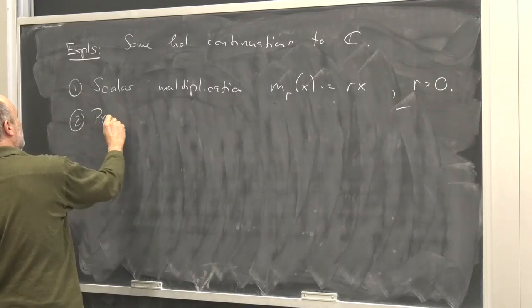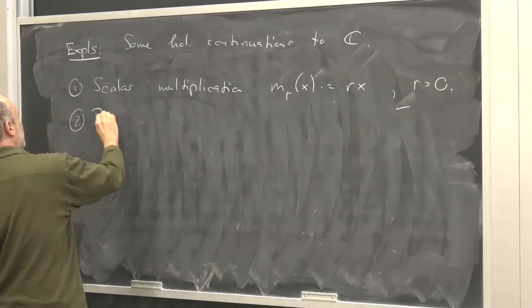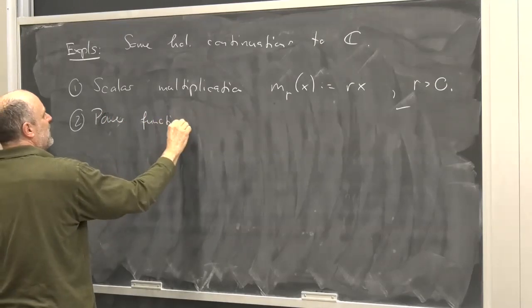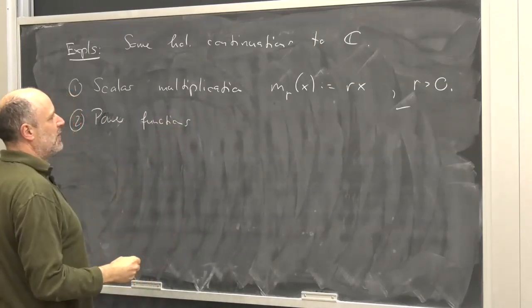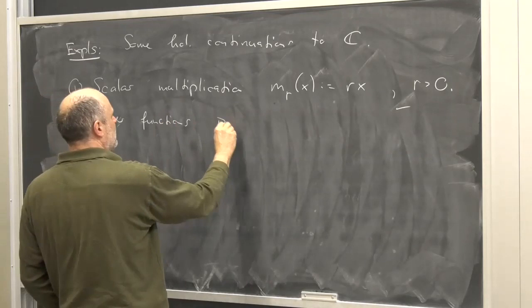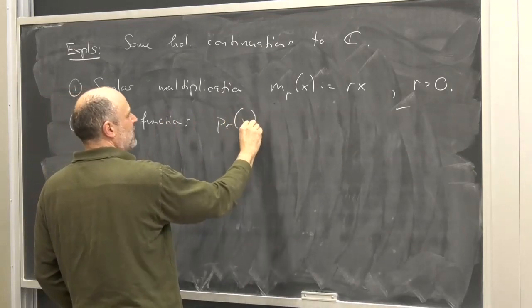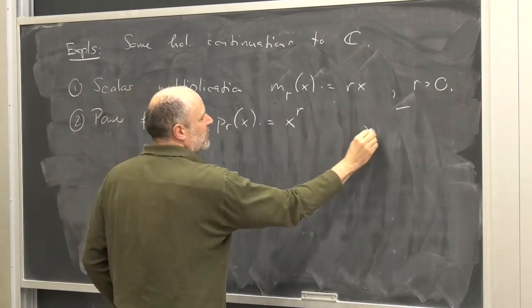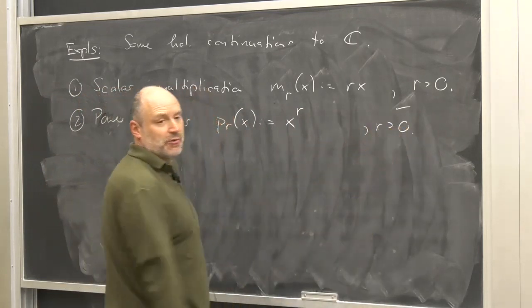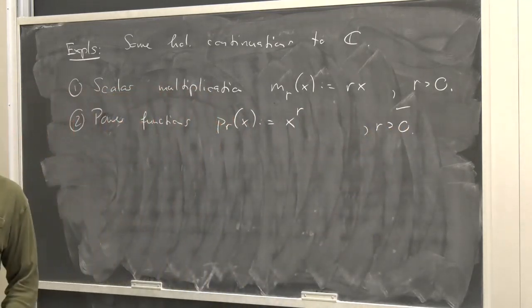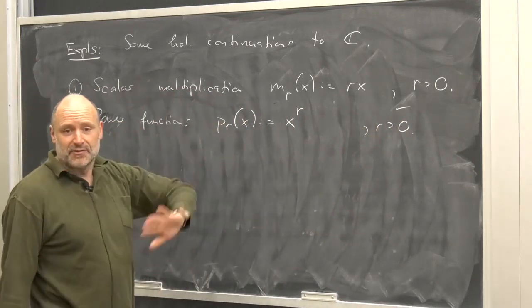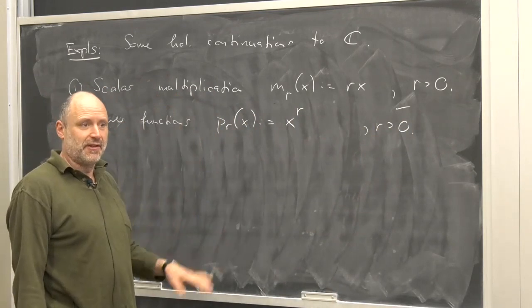We can look at power functions, which aren't exactly in the language, but I'm still interested in those. P_R of X, which is X to the power R, again R is a real number. Of course, if R is a natural number, then we just extend, period.